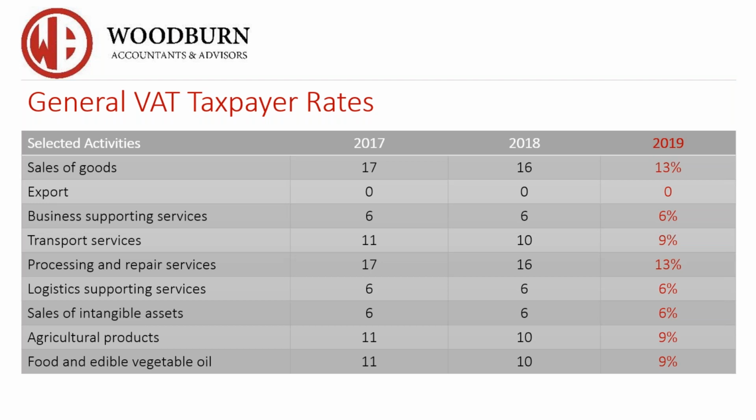The trade of goods is at 13%, providing technical support or any type of advisory consulting is at 6%, and logistics, you're looking also at 6%. So, that's where you really have to look at your contract terms, and the VAT rates that would then be applicable at that point. So keep these rates in mind.